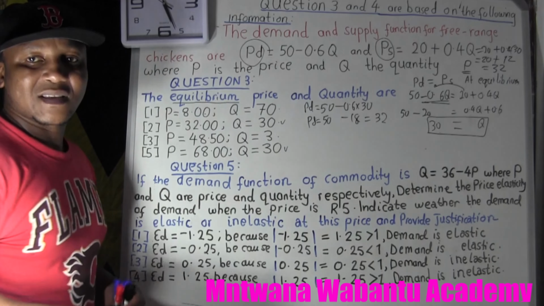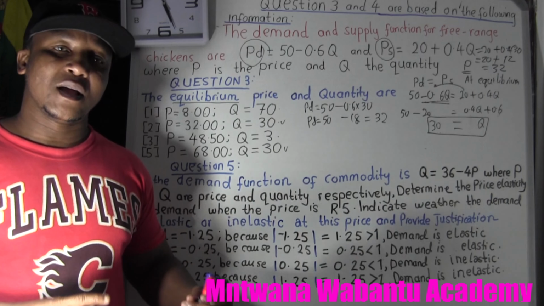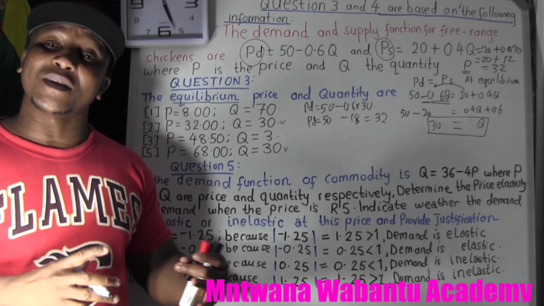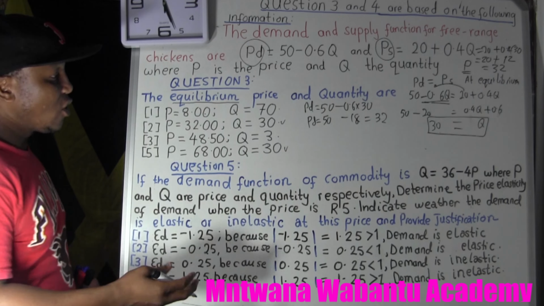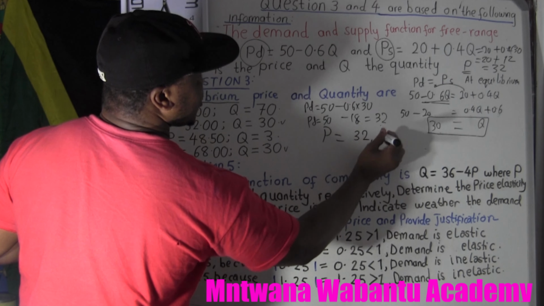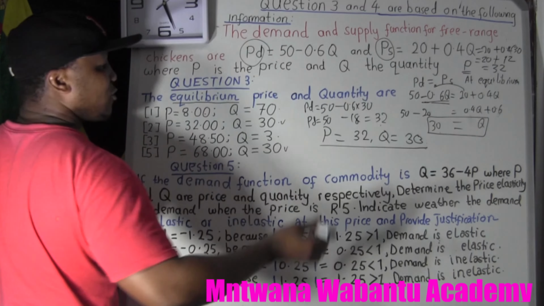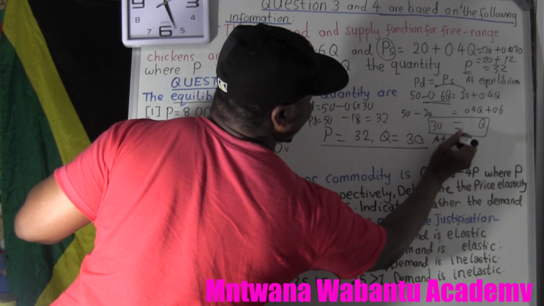Both of them give us 32. Why 32? Because it's at equilibrium, and at equilibrium they must be equal. So our price, we have confirmed, equals 32, and the quantity is 30 at equilibrium.